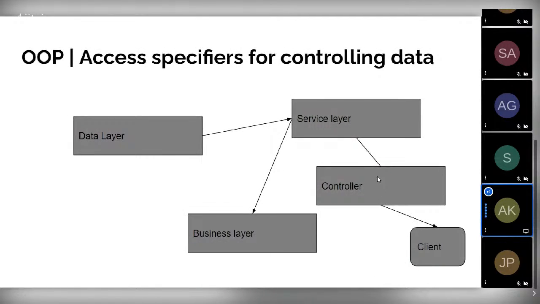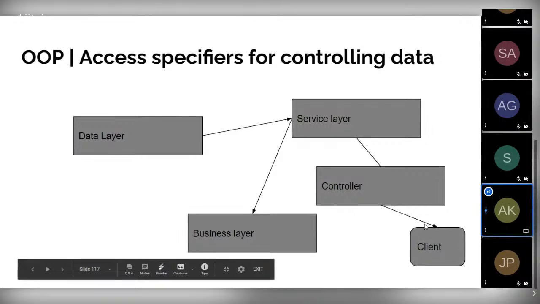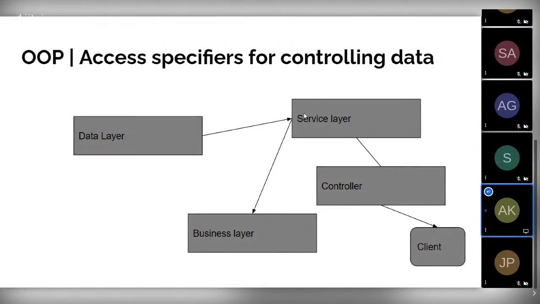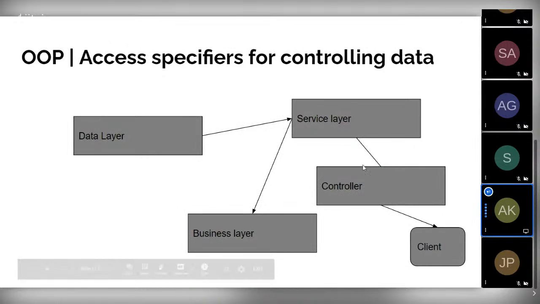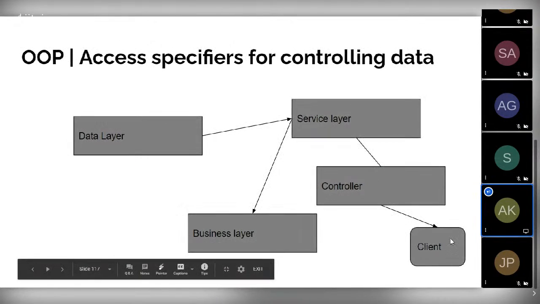My website has a controller part that will directly interact with you, and if you want data, it will give you data. So how will it fetch data? First it will call the service layer. The service layer will get the data from the data layer, compute some task according to the business layer, and transfer the data to the controller, and then the controller will transfer that data to the client.